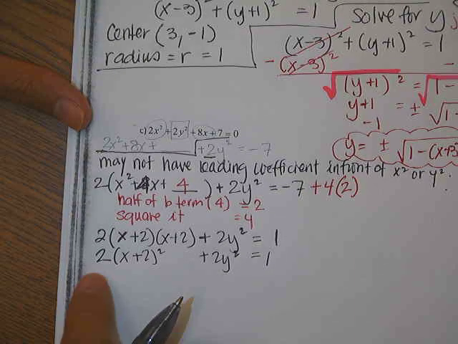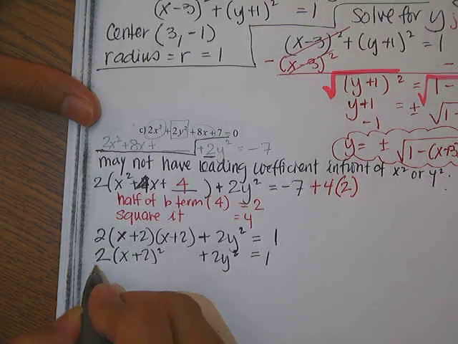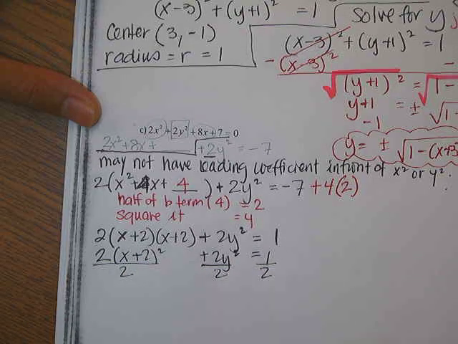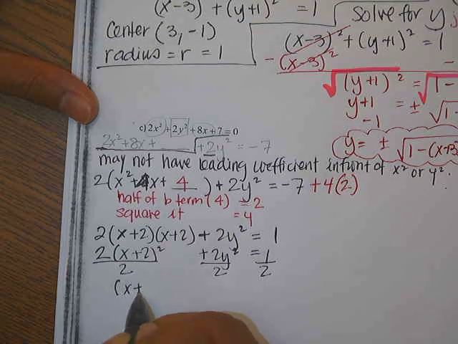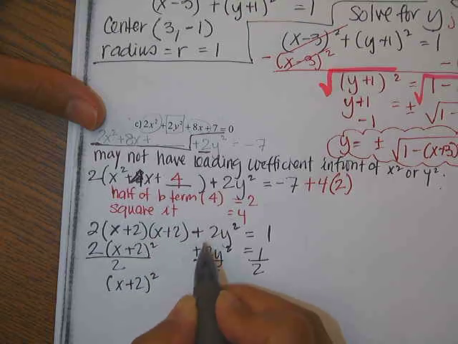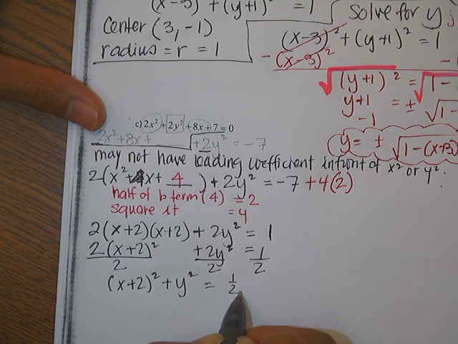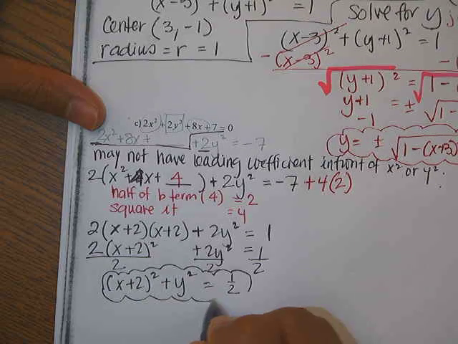Now you have to get rid of these 2 numbers here by dividing each and every term by the leading coefficient. In this case, it's a 2. So cancel that. I'm going to end up with x plus 2 squared, and 2y squared divided by 2 is simply y squared, equals now 1/2. So this is my HK form.